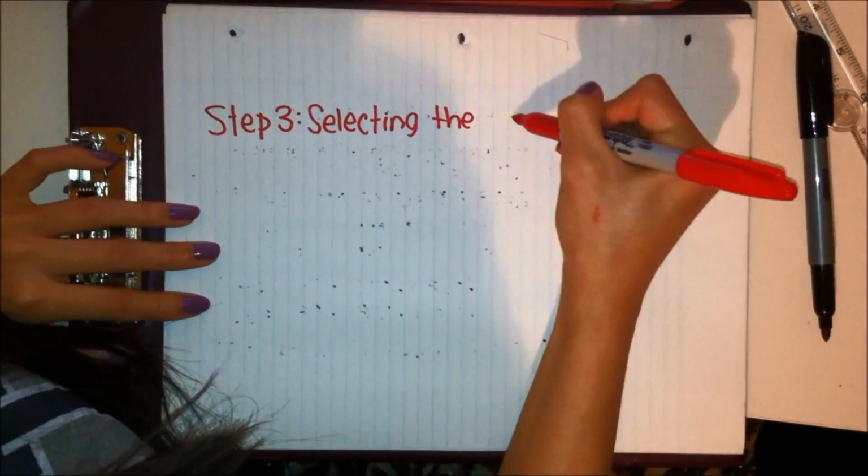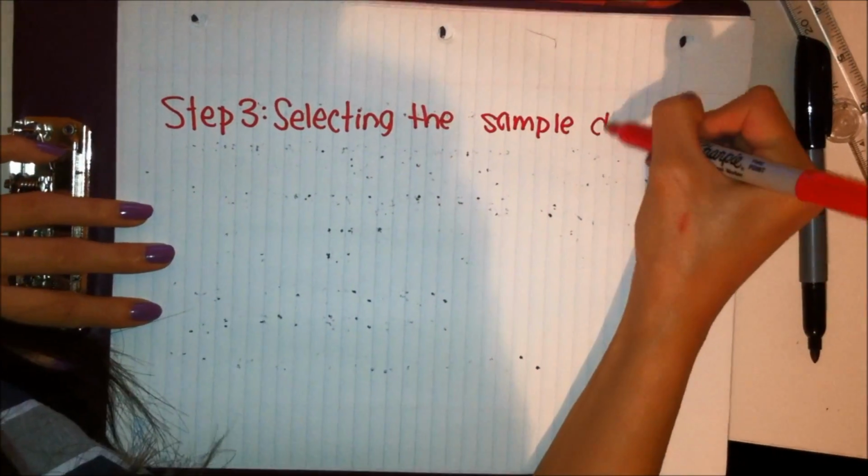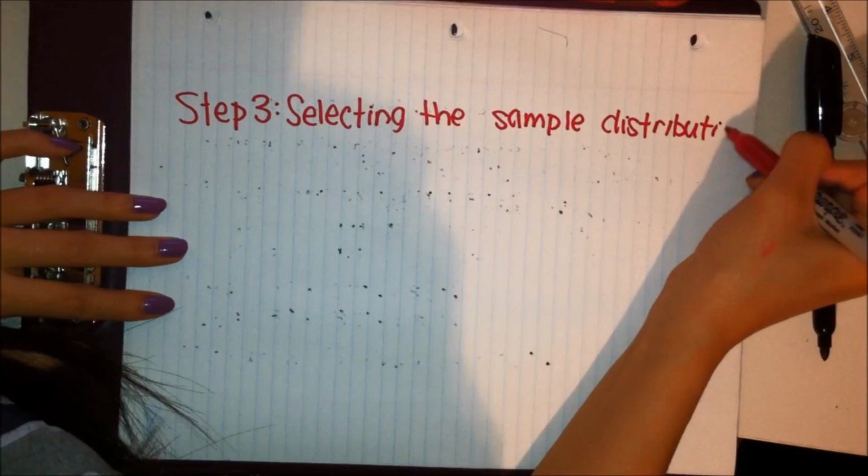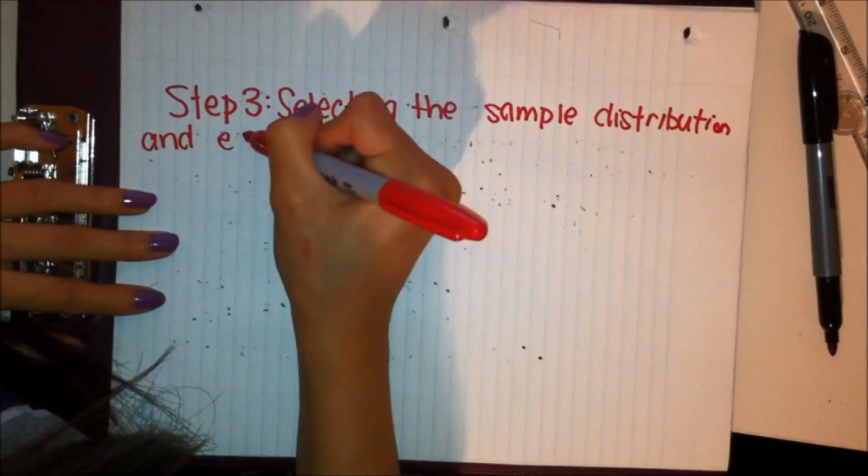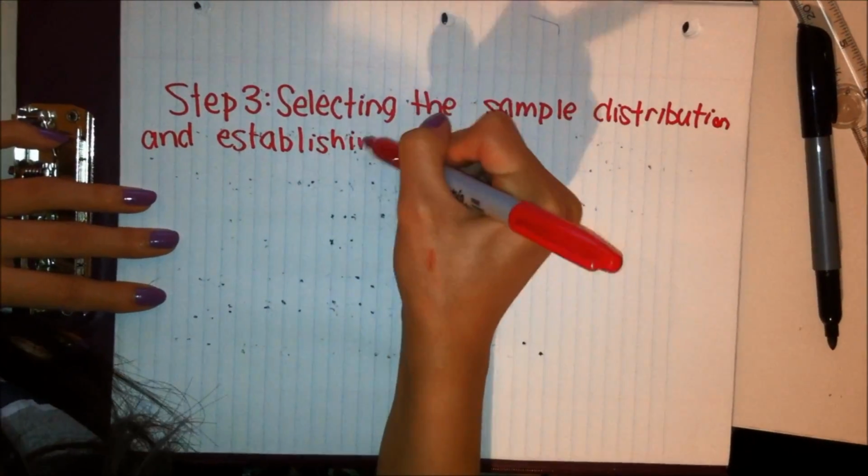Step 3. Selecting the sample distribution and establishing the critical region. Once we have established the degrees of freedom and the alpha level, we go to Appendix C to find chi-square critical.